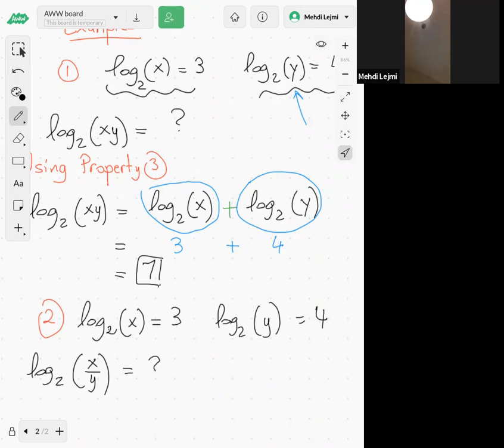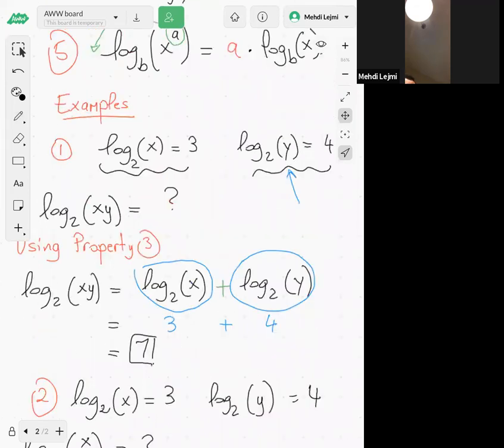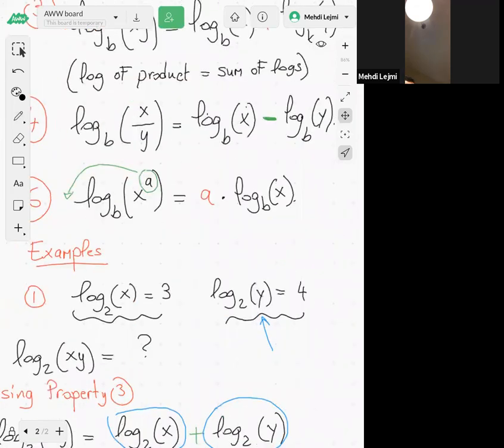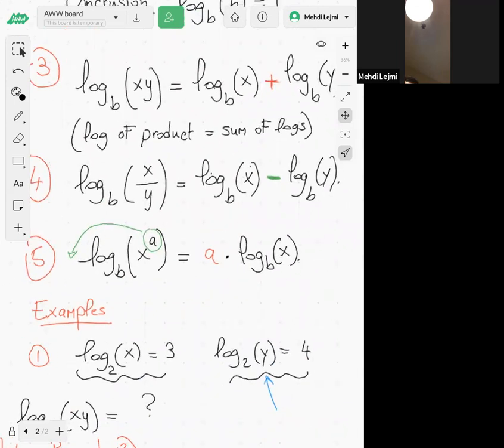As I said, for the division, guys, if you have a log of a quotient, then it will be the difference between the logs. This is property number 4: the log of the quotient x over y is the difference between the log of x and the log of y.